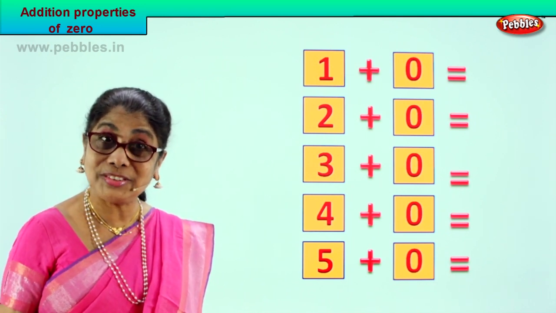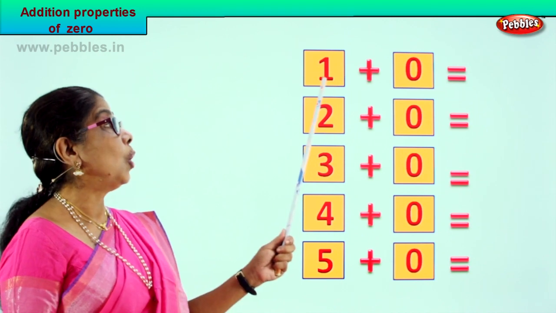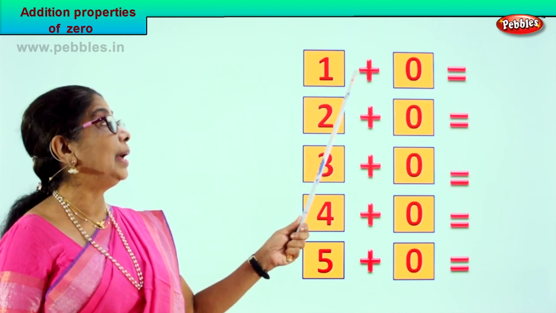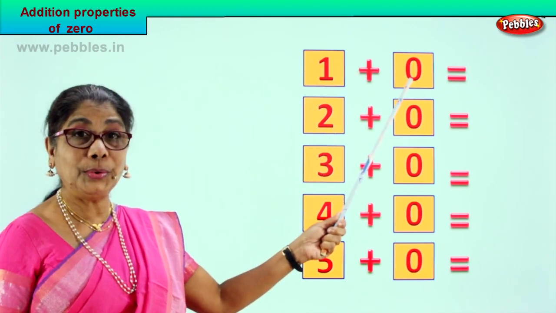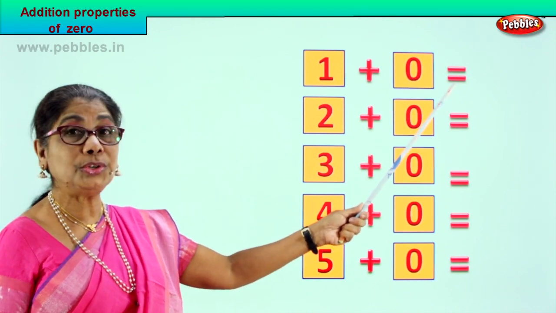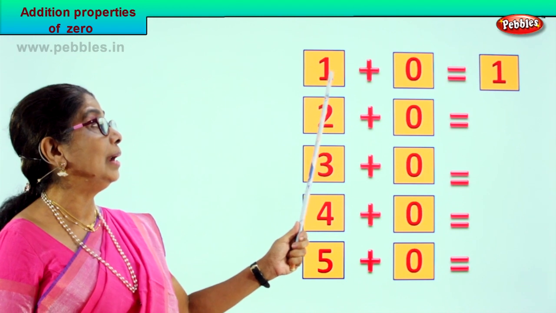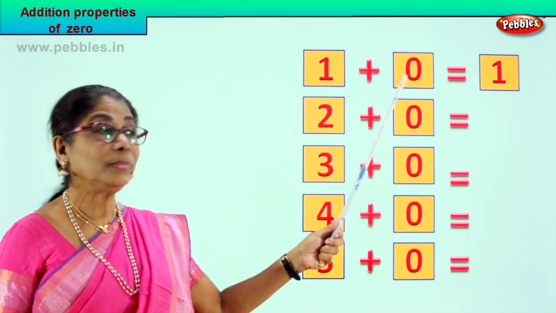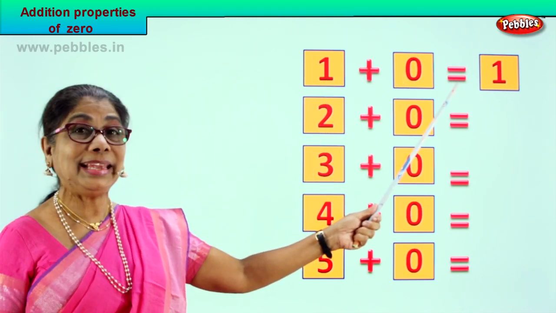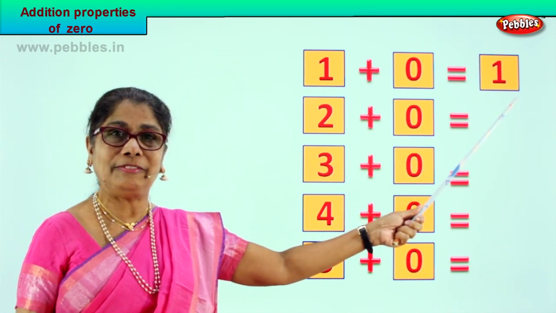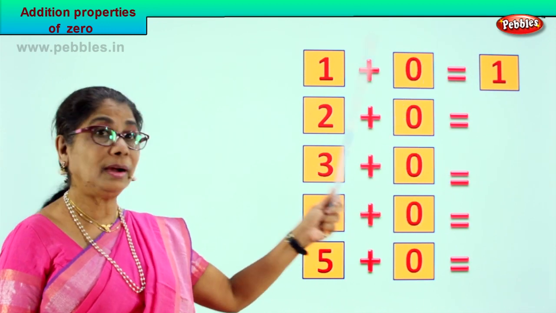Yes, it's very interesting, very enjoyable. 1 plus 0 is equal to, what will you get? 1, read with me. 1 plus 0 is equal to 1 itself. Because there's no number here.